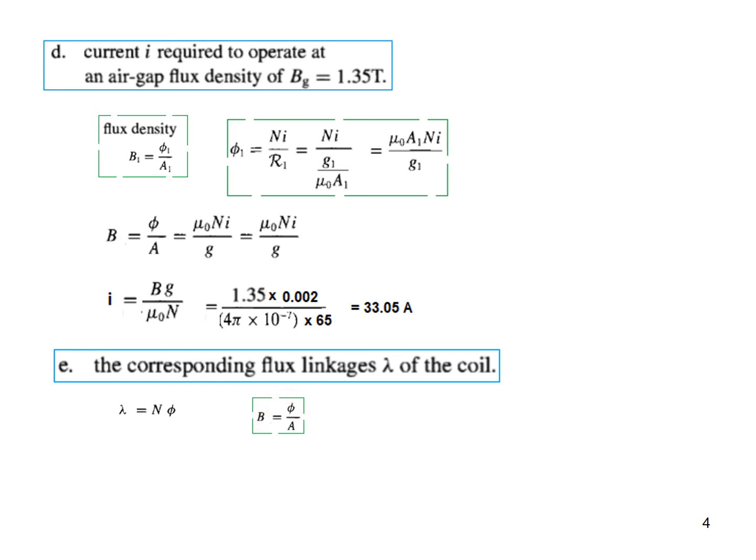Since we have the flux density given, and we also know the area, we can replace flux by B into A. So here we are replacing flux by BA, so it will be NBA, and now we have all the values. N is 65, B is 1.35 Tesla, and the area of cross section is 1.2 times 10 raised to the power minus 4. So the answer is 10.53 milliweber. So this is how we solve this type of problem.